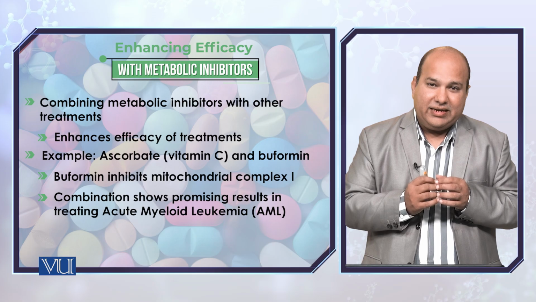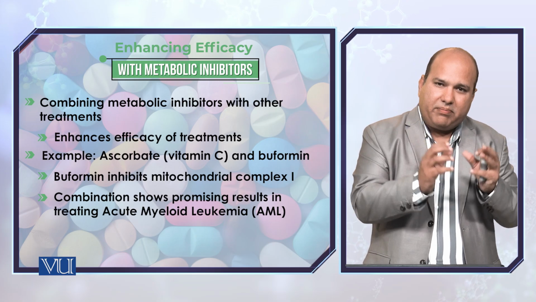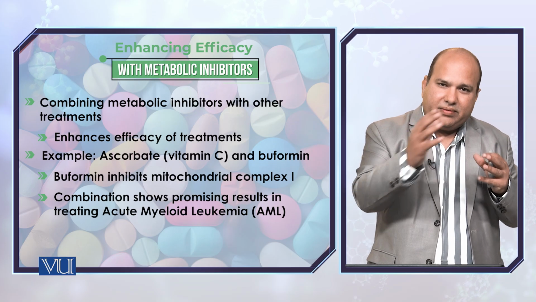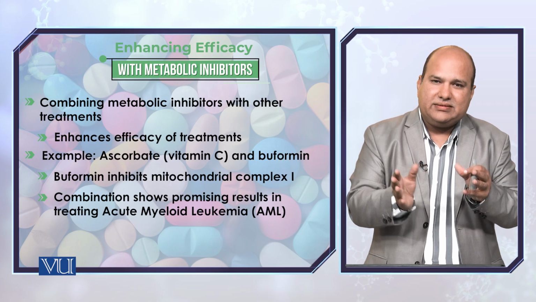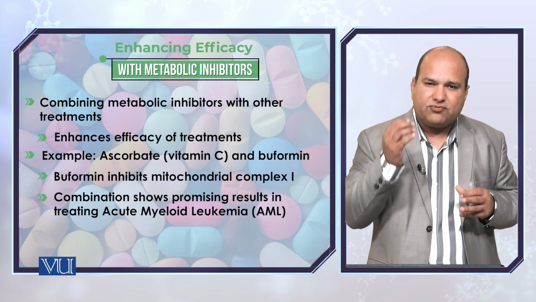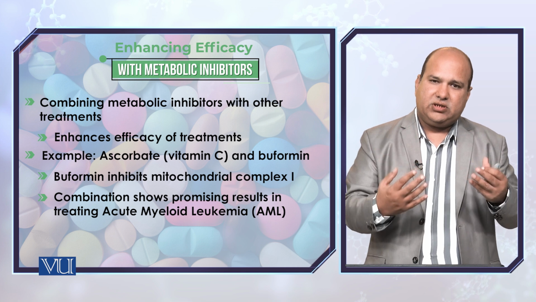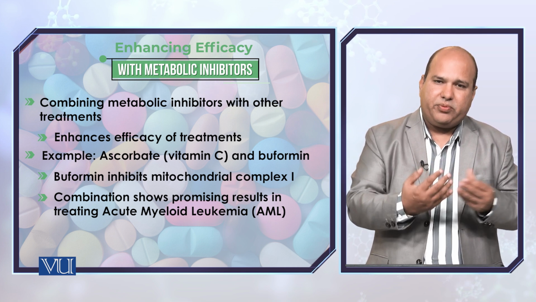It's a very lethal disease, but if you combine buformin with vitamin C, you can treat this disease in a better way. So this is just one example. There are many examples in which cancer is being treated through combined therapeutic strategies.